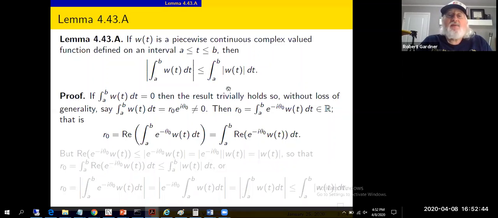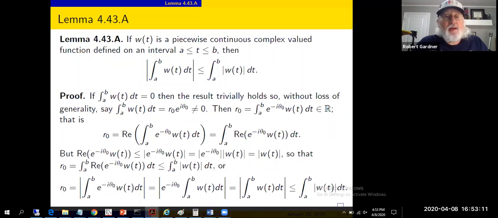In this setting of integrals of w of t, where t is real and w is complex valued, not with the moduli, but when we simply had integrals of w of t, that's exactly how we defined it. It's the integral of the real part plus i times the integral of the imaginary part. So what we get for the real part of an integral is the integral of the real part. It's how we defined integrals in these settings.